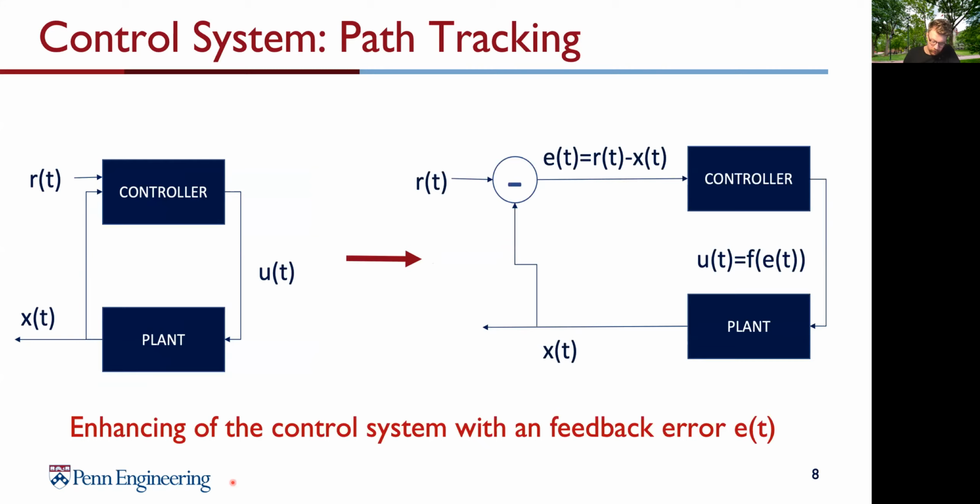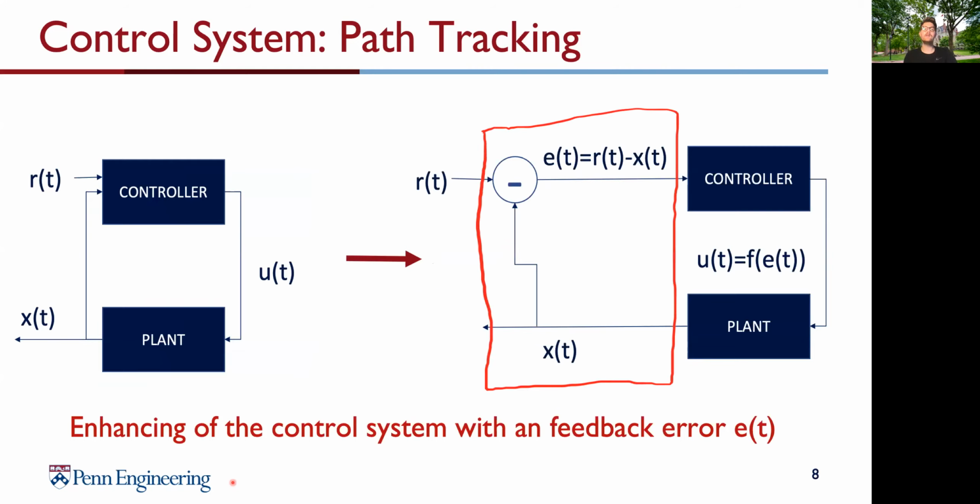This feedback error, what you can see here, is generated by setting up a loop where we feed back our output signal here back to the reference signal, and we calculate it: we have our reference signal r(t) minus our feedback signal x(t).